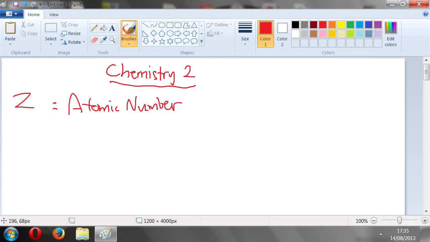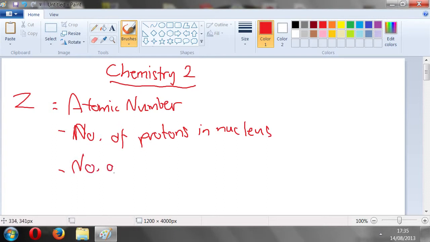It's the number of protons in the nucleus, and the number of electrons. And these, of course, have a negative, equal and opposite charge that I spoke about. Coulombic charge, that's the measure of charge.